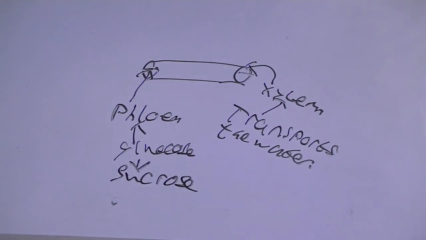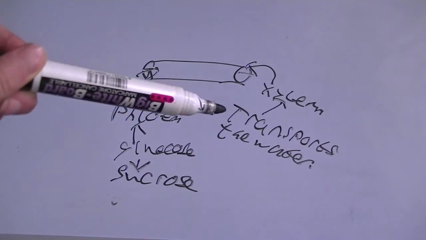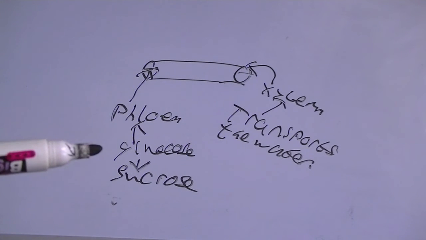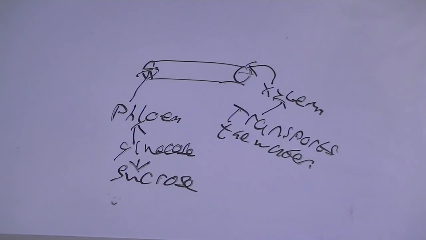So remember, the xylem is the top part of the tube, which transports the water, and the phloem is the bottom part of the tube, which transports the sucrose. It's usually shown in the diagram in the opposite direction. I just did this as a 2D diagram to make it simpler for you.